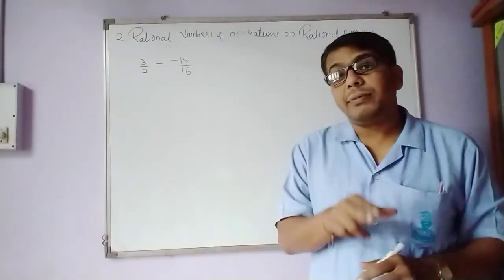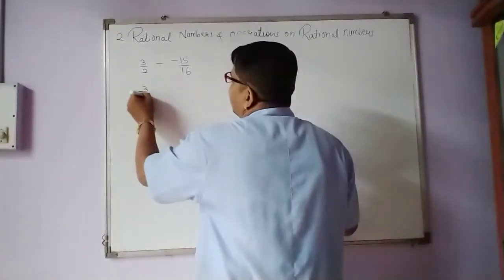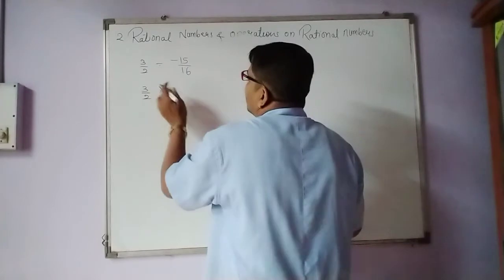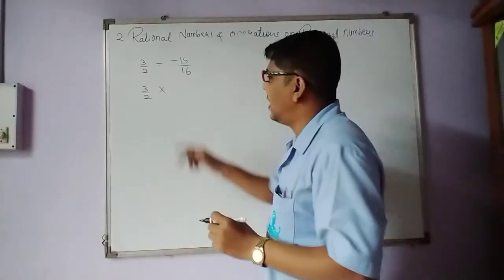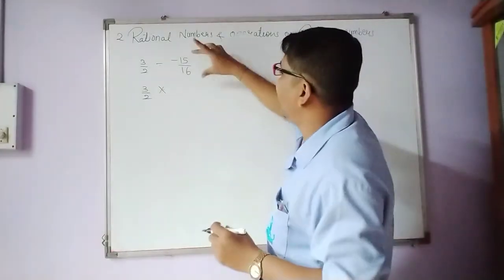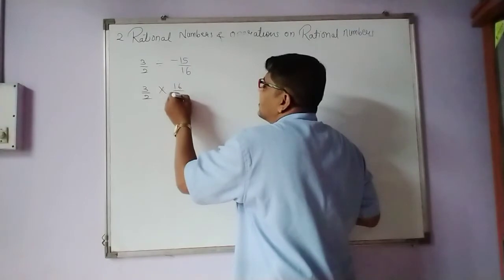To divide a rational number by another rational number is nothing but to multiply that rational number by the reciprocal of the second rational number. So I convert this division sign into multiplication, and this will be written as 16 upon minus 15.